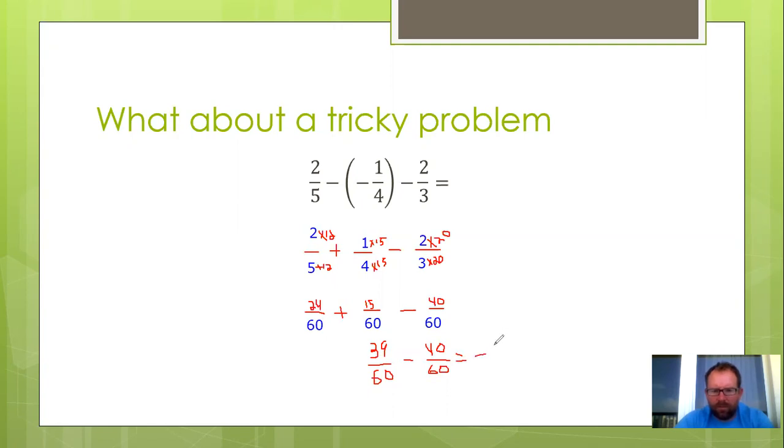Negative 1 out of 60. All right. 39 minus 40 gives you a negative 1.